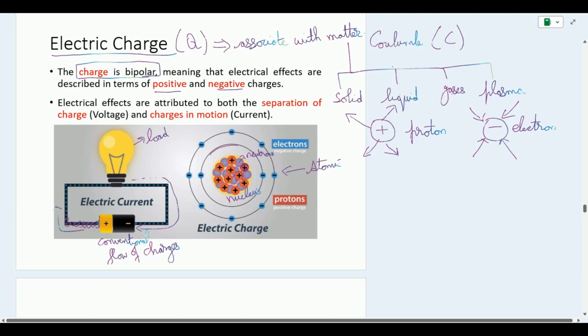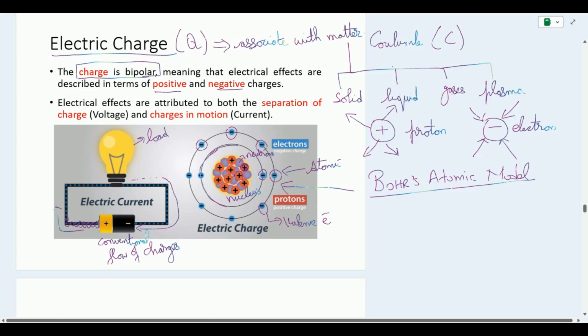Then we have the outer orbits, or shells, which consist of electrons represented by the negative elements, and the outermost electrons, whatever the count may be, are known as valence electrons. All these are better explained, if you remember, by Bohr's atomic model, where certain postulates given by Bohr give us the basic understanding of how an atomic structure is made up and how the elements are moving around those objects.